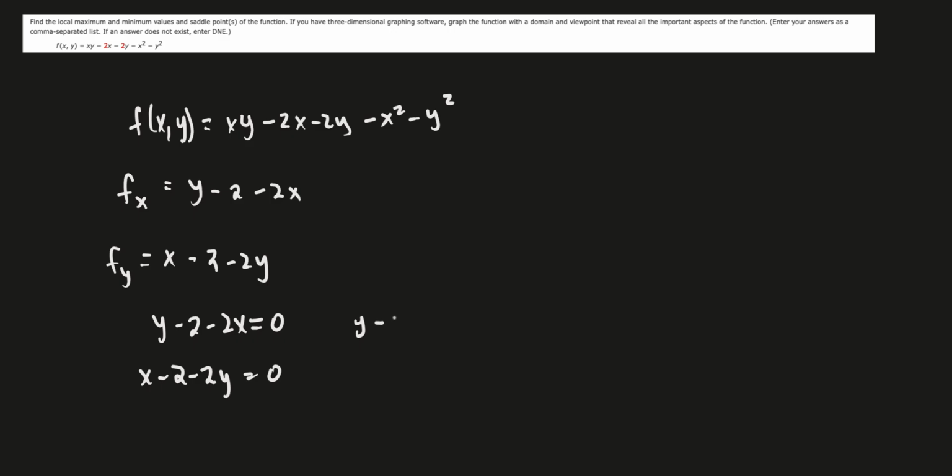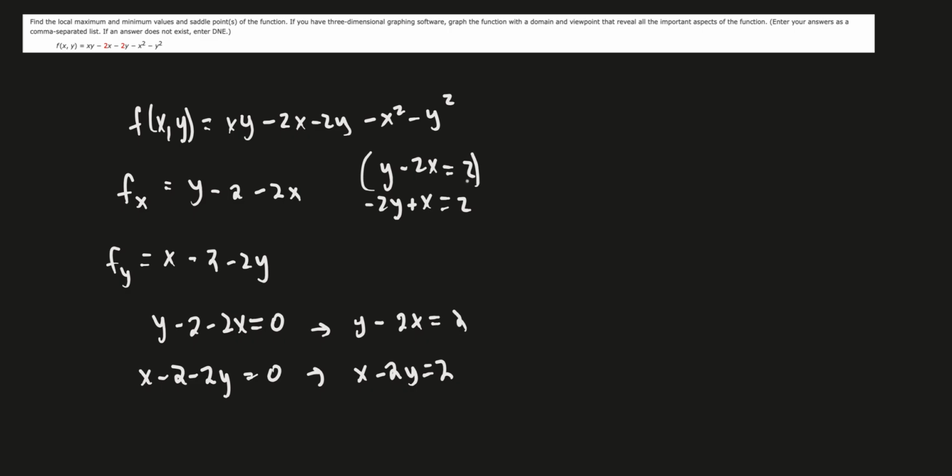So it's going to be y minus 2x is equal to 2, and this one becomes x minus 2y is 2. So we can set up the system: y minus 2x is equal to 2, and negative 2y plus x is equal to 2.